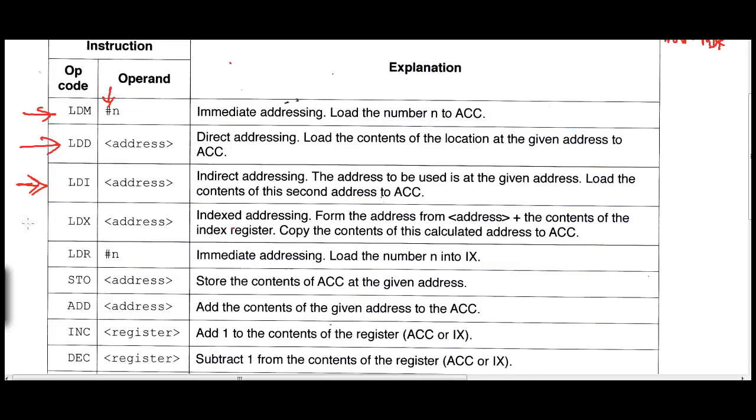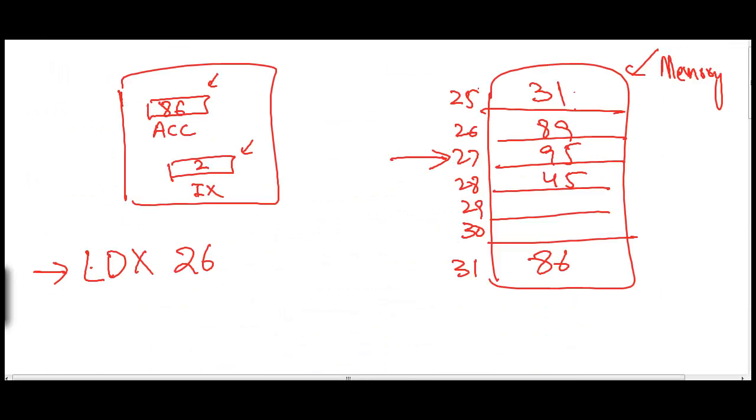Okay, how about this one, LDX? LDX is indexed addressing. Let's say we have this instruction LDX 26. What's going to happen when this instruction gets executed? The address this time is going to be calculated using the index register. Remember, this is index addressing, and it uses the value inside the index register to calculate the new address.